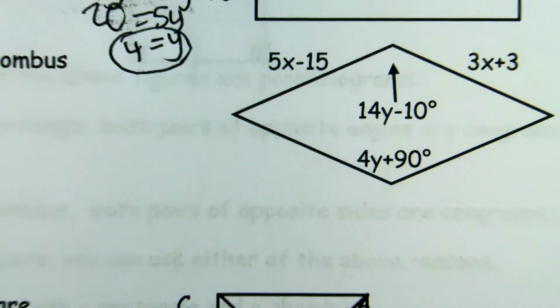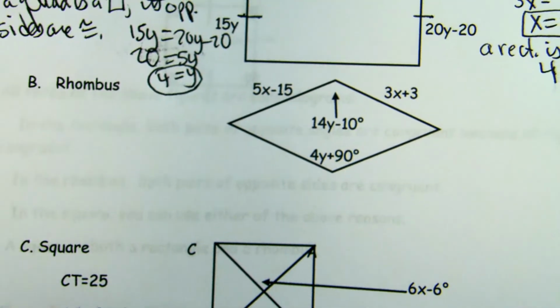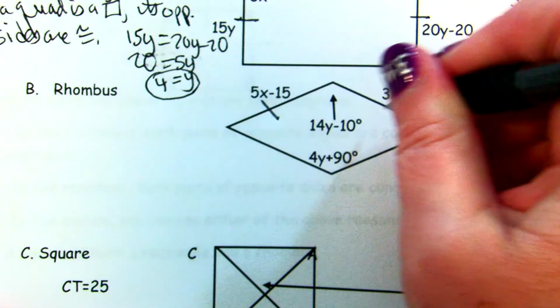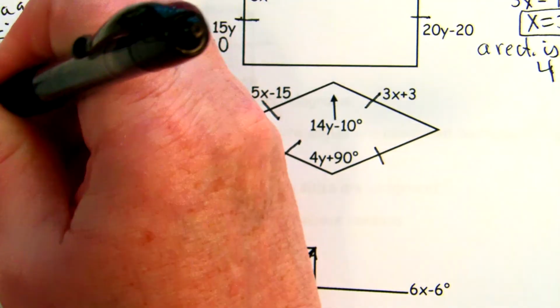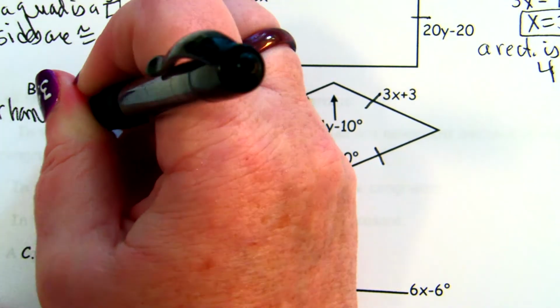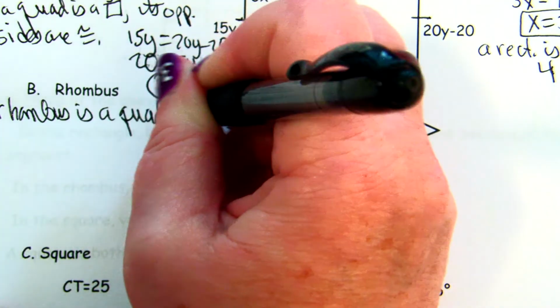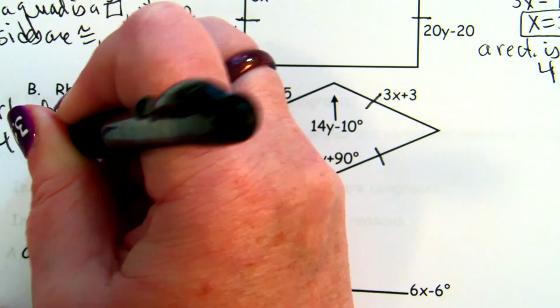And then the next one, the rhombus. We know these sides are congruent because all 4 sides are congruent. A rhombus is a quad with 4 congruent sides.